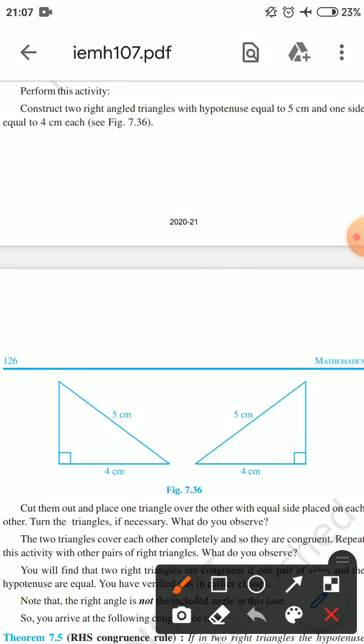This one is side A, this one is side B, and this one is side C. And the same way, this is side P, this is side Q, and this one is R. So you can see that side BC is equal to side QR, side AC is equal to side PR, and angle B is equal to angle Q.